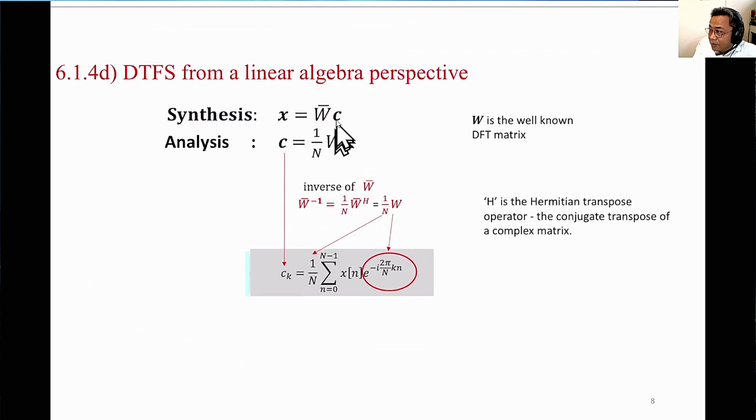To get W bar from 1 over n W, you use an operator in linear algebra called the Hermitian operator, which is the complex transpose. You might not need to do it in this course, but this Hermitian transpose is the operator that changes the negative to the positive between the W and the W bar. It changes the sign of the complex exponential.